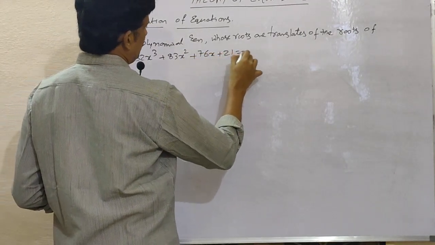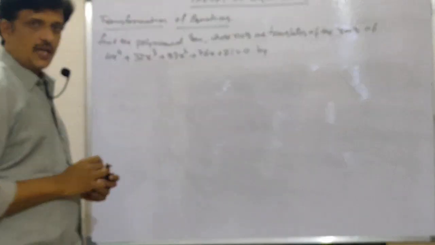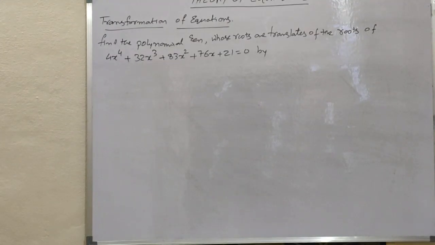Find the polynomial equation whose roots are the translates of the roots of the equation 4x power 4 plus 32x cube plus 83x square plus 76x plus 21 equal to 0 by 2.